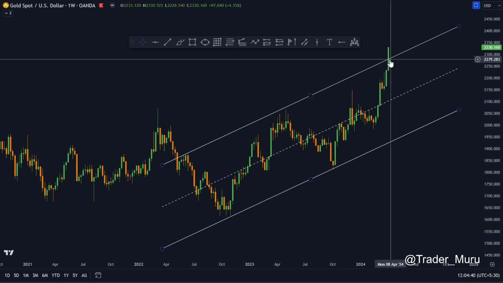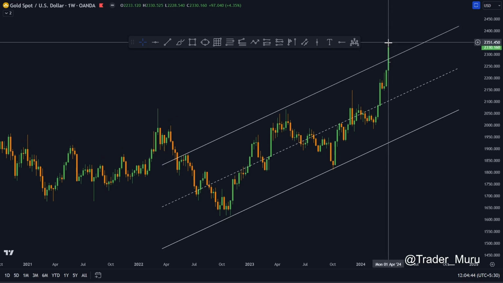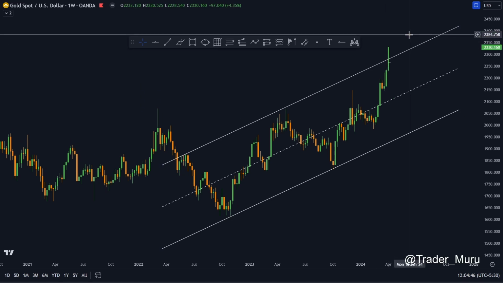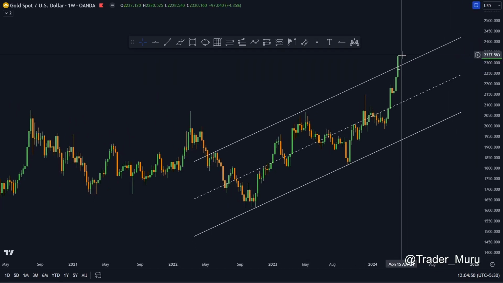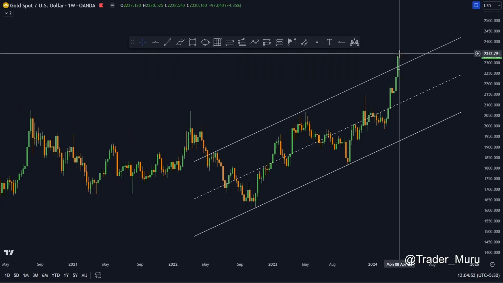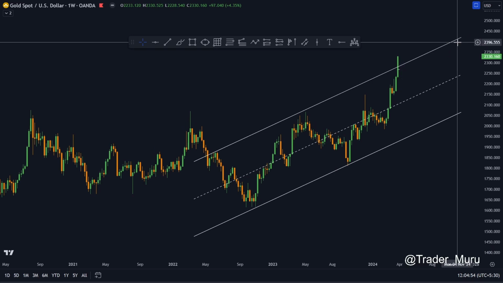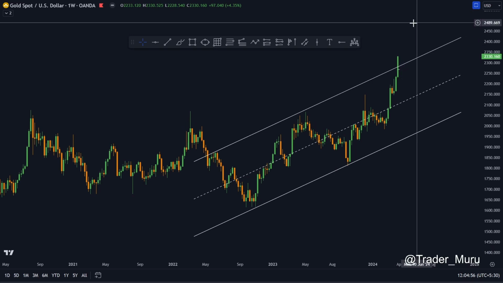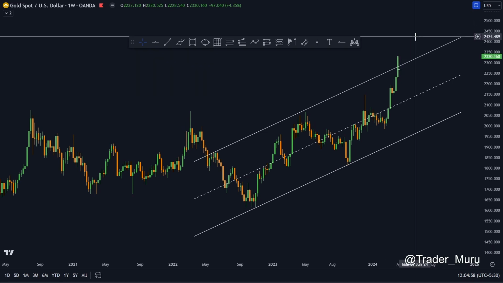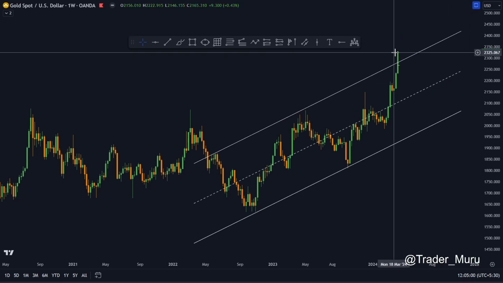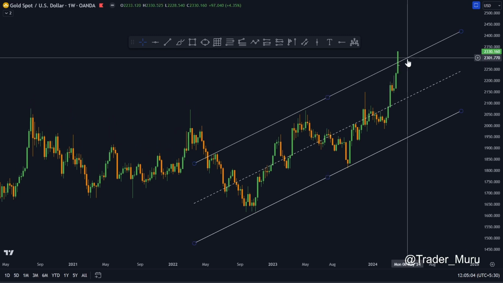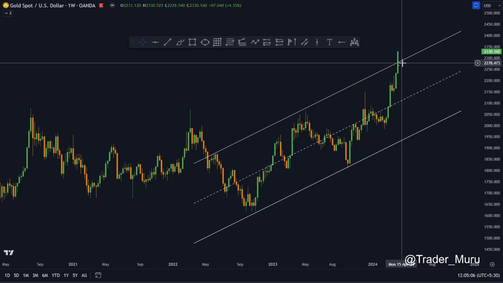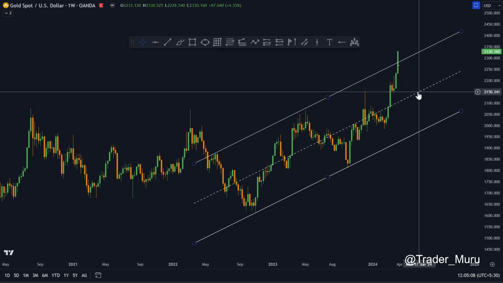The weekly time frame retest is important guys, because if gold goes straight upside, then there will be an immediate resistance of 2350. Then above you can expect 2400 and 2500 as next levels. And if any weekly candle closes back below in this channel, you can expect a drop.